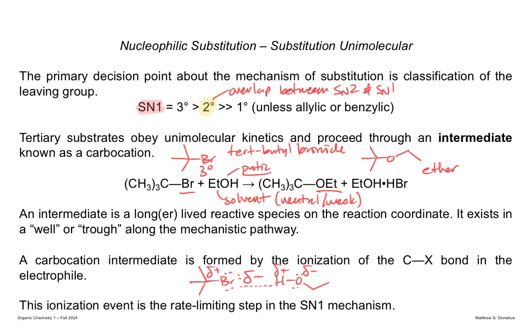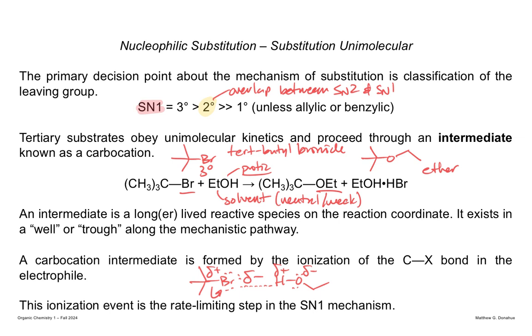So we know that's delta plus, that's delta minus. So there's that electrostatic attraction that is essentially helping to elongate the C-Br bond. And eventually that bond gets long enough that it breaks. And then since this is an ionic reaction, the bond ionizes.